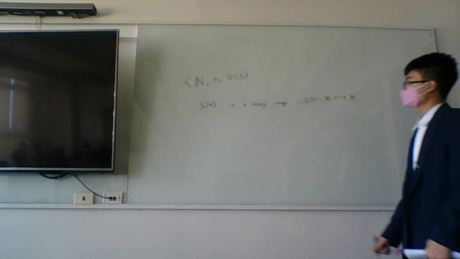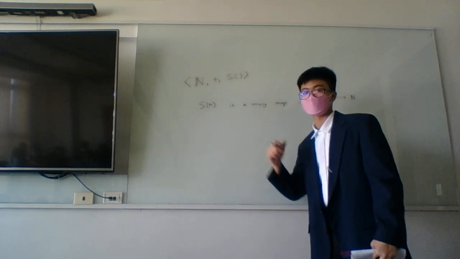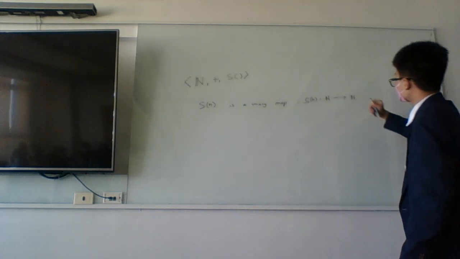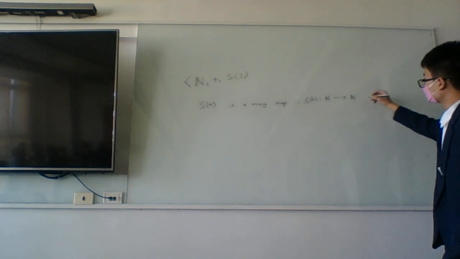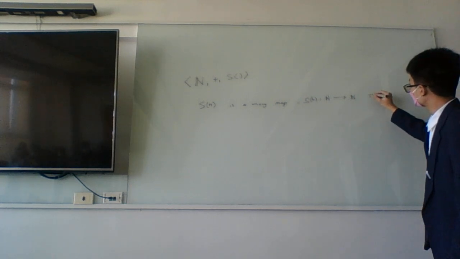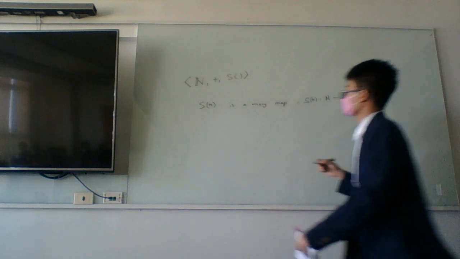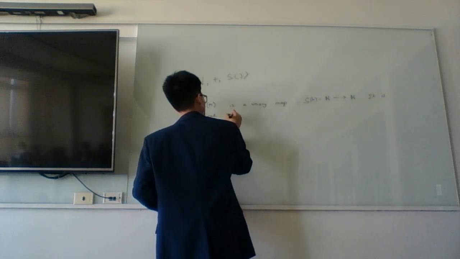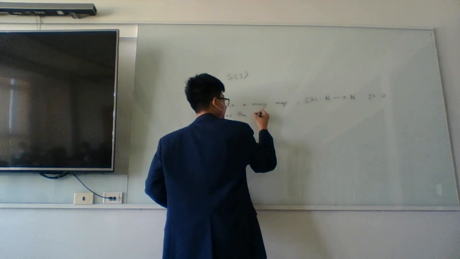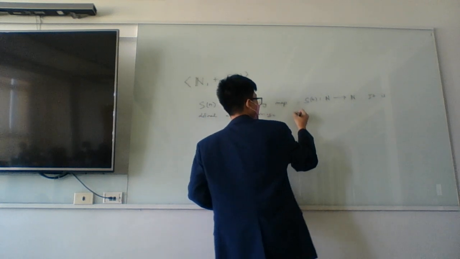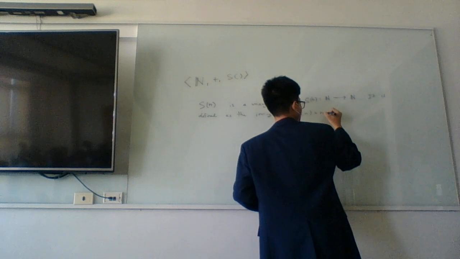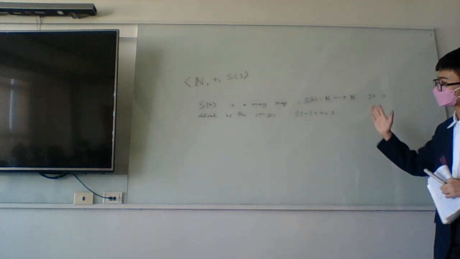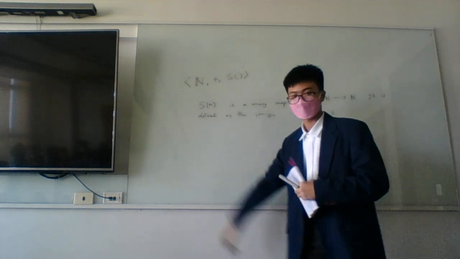The reason we call it a unary map is because it only takes in one input and gives exactly one output. And so it is explicitly defined as S of n equals n plus 1. It's as simple as that. It's just adding 1 to the element we put inside here.